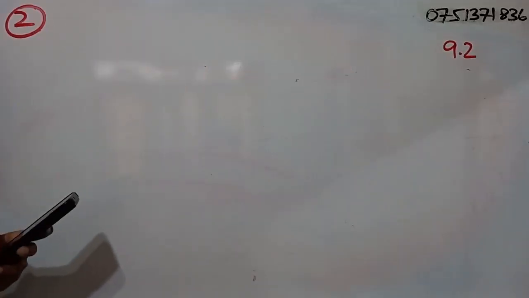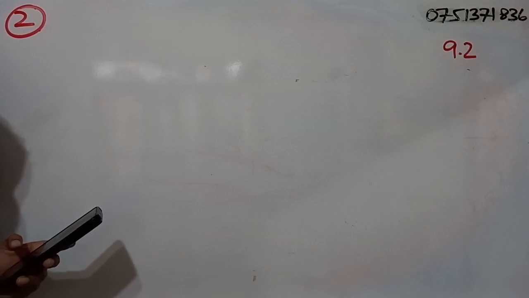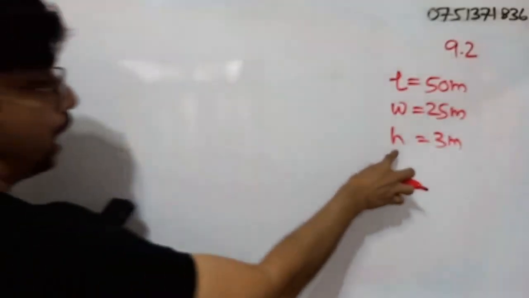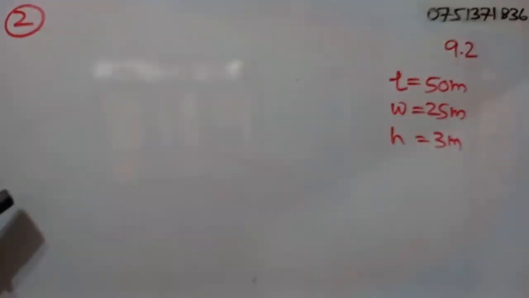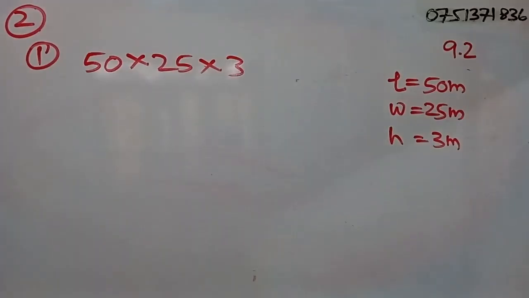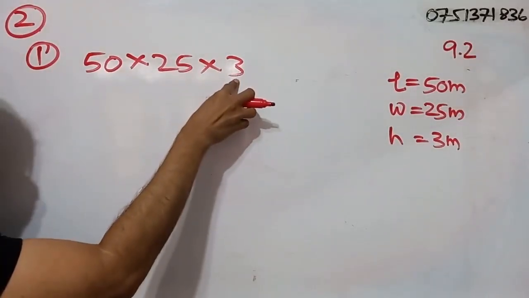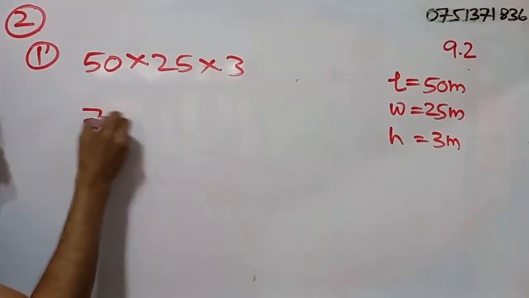Question number 2. The length, width and depth of a swimming pool are 50 meters, 25 meters and 3 meters respectively. Okay, so here I have considered the depth as 3 meters. Part 1. Find the capacity of the swimming pool. So what do we have to do? Length into width into height. Right, so 25 into 3, what is that? 75. 75 into 50.